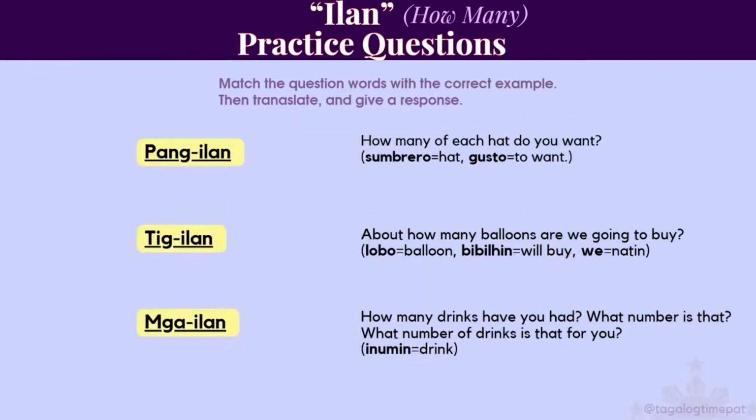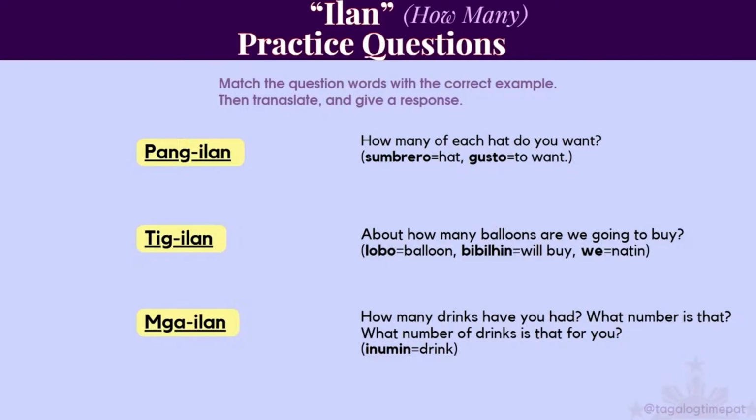This one is a fun practice. So I want us to match the question words with the correct example. Then we're going to translate and then give a response. So on the left side are the different question words. Pang-ilan, tig-ilan, mga ilan. On the right side are some example questions. How many of each hat do you want?